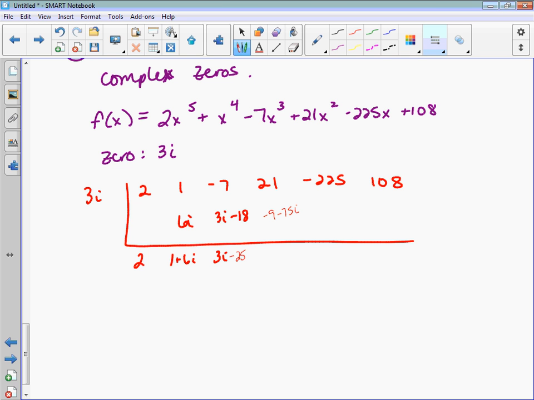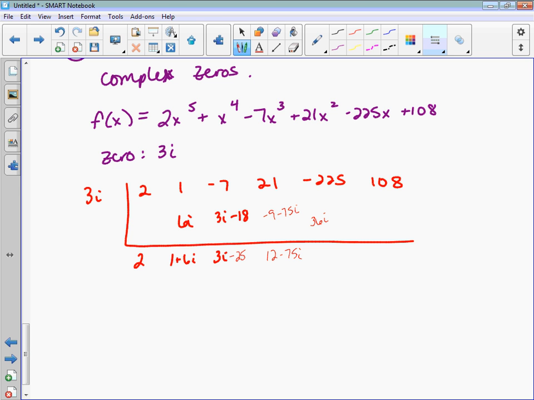Okay, so add that together. I don't know if you gave yourself enough room. I didn't. So 21 minus 9. 12. You guys are like doubting yourselves now on 3 plus 4. So 12 minus 75i. Okay. So multiply. What's 3i times 12? 36i.